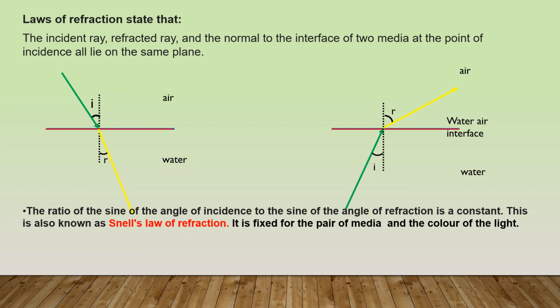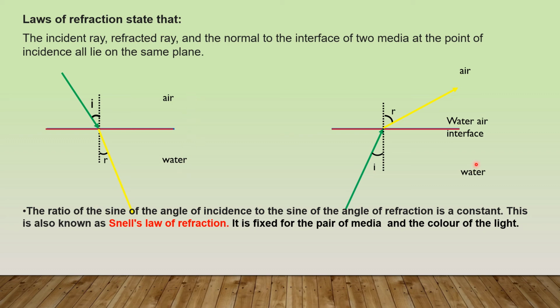It is the ratio. Ratio means when you use it in the fraction form. Sine of angle of incidence, so sine i by sine r is a constant. You will always get a number here. It will be constant, and this value will be very specific for the pair of media. That is, for air and water it will have some value.